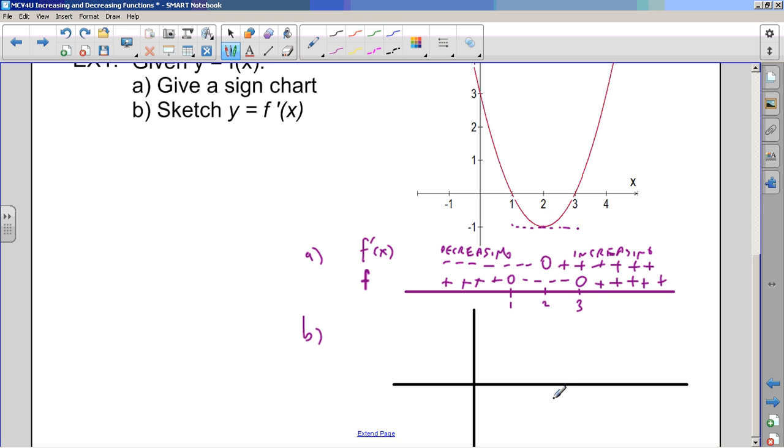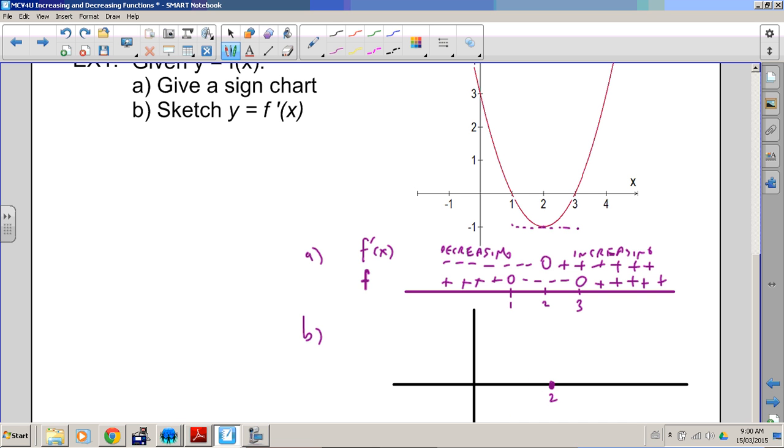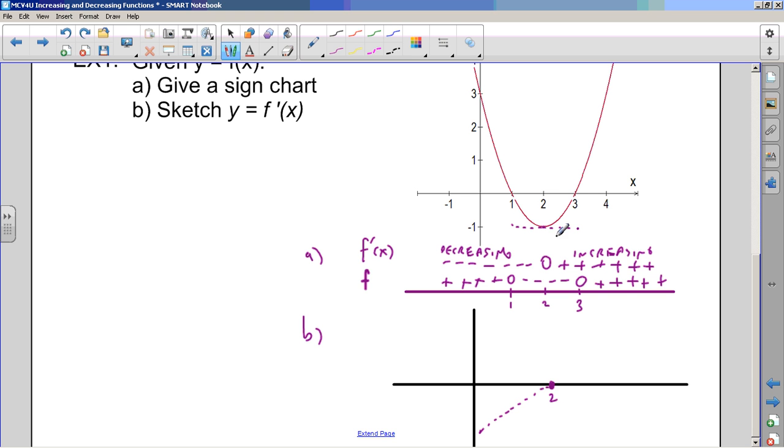So it's 0 right there at 2. Right, that's 2. And then on the left side, f prime at x is negative. But on the right side, it's positive. So this is y equals f prime at x.